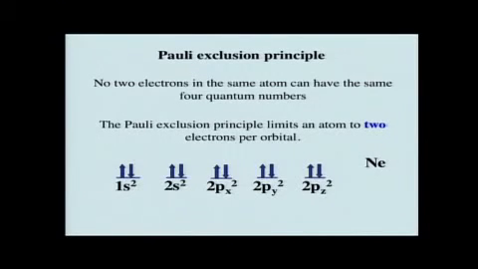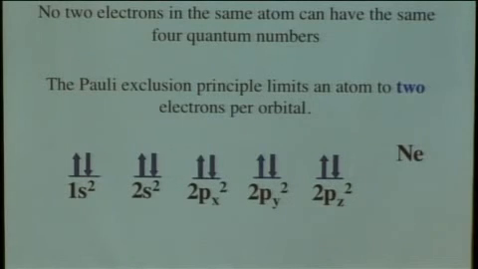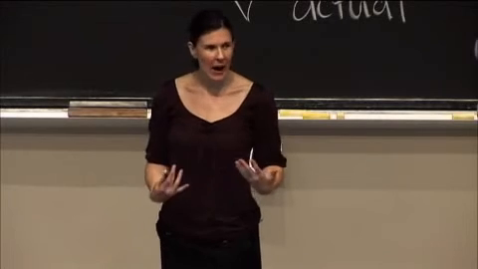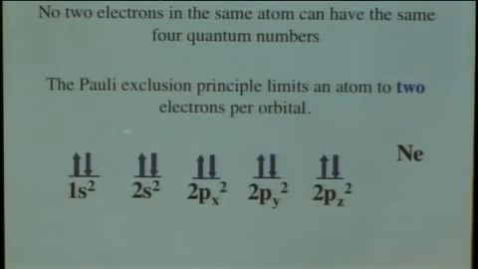Because for any orbital, we can either have a spin-up electron, a spin-down electron, or both. So if we look at neon just as an example, neon has 10 electrons in it. And once we look at all the orbitals written out here, this is probably a familiar thing for you to look at. But it's important to think about why, in fact, we don't just put all 10 electrons, why wouldn't they just want to go in that ground state, that lowest state, right?